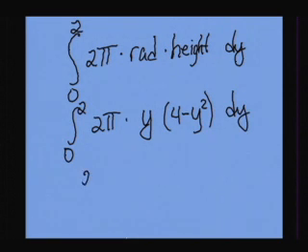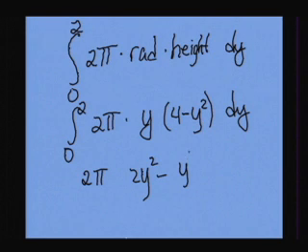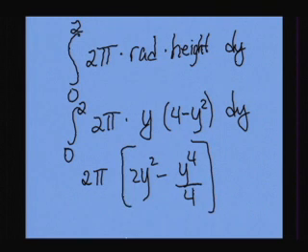So when we integrate this, we'll have 2 pi on the outside. We would have 2y squared minus y to the 4th over 4, and that's evaluated from 0 to 2.